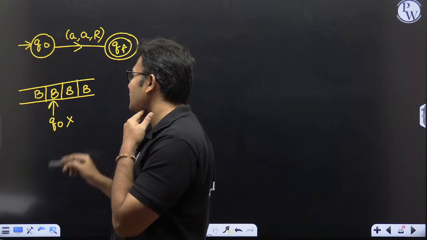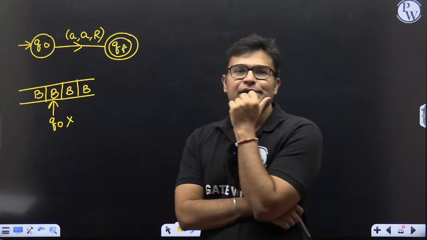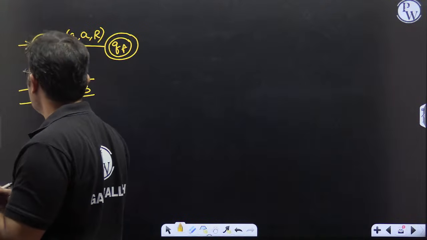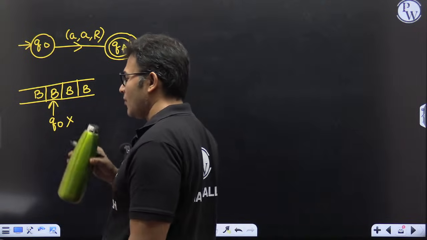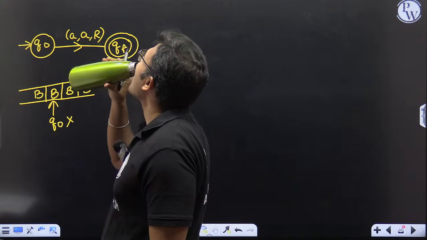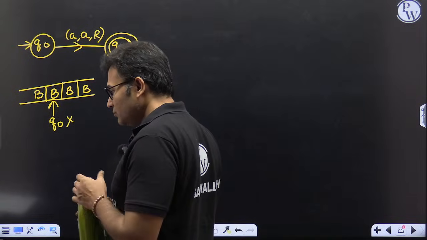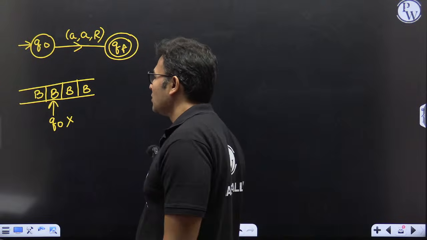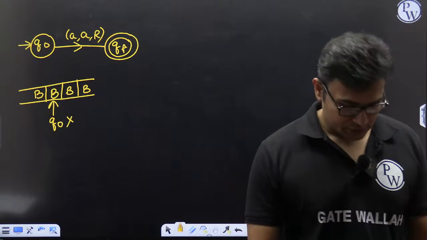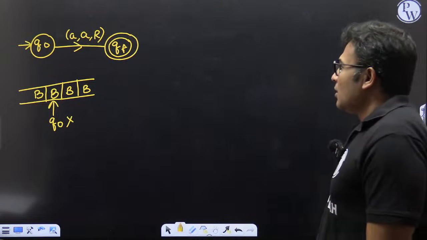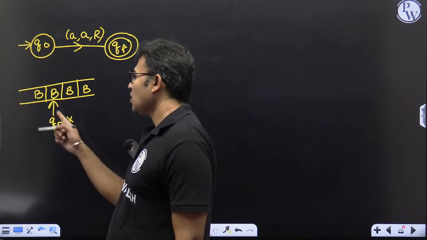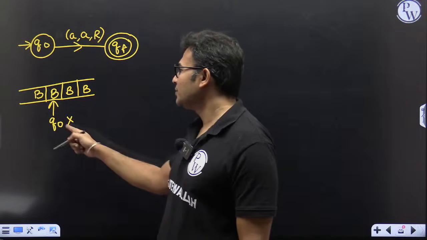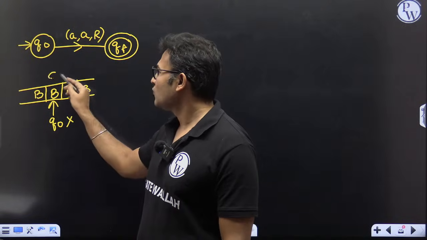Therefore, the Turing machine will halt here in Q naught, which means epsilon is not accepted. Fine.